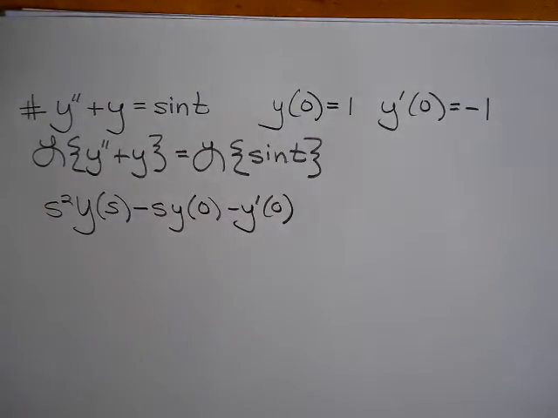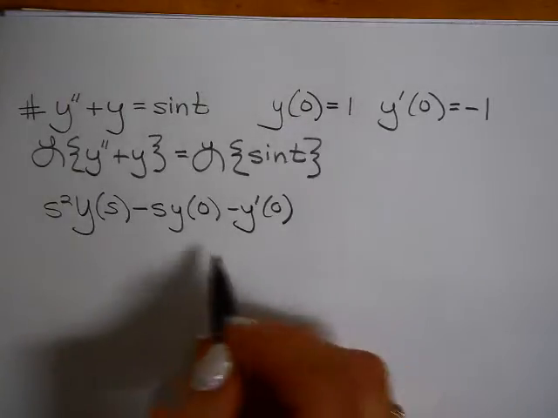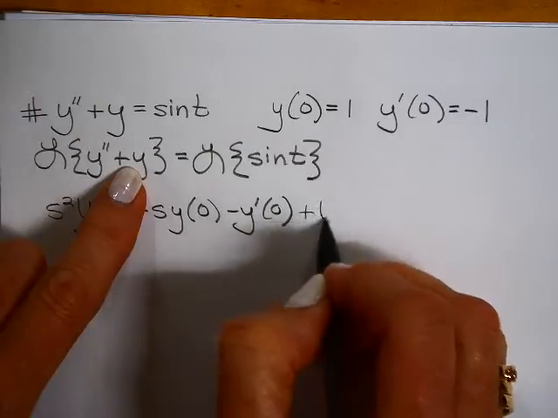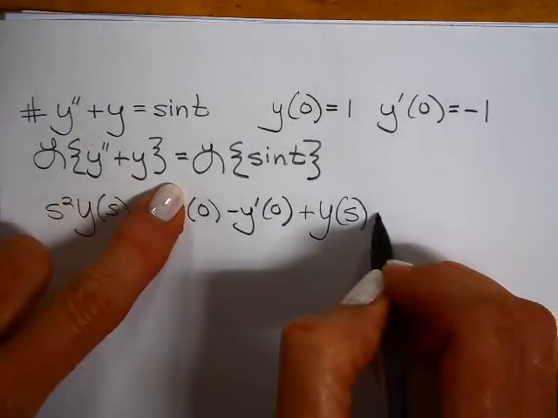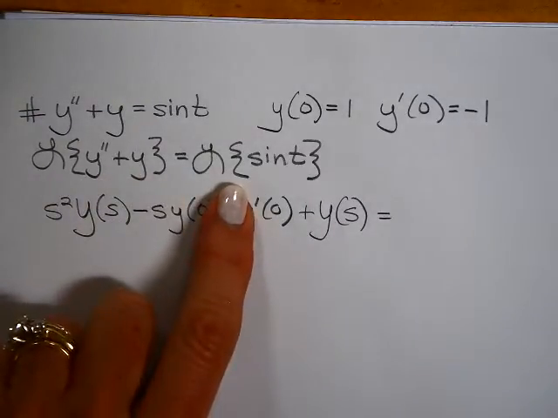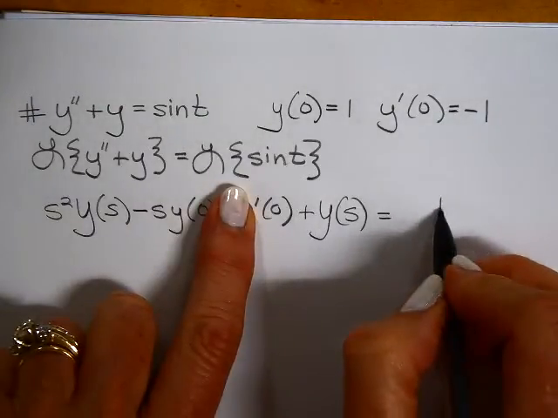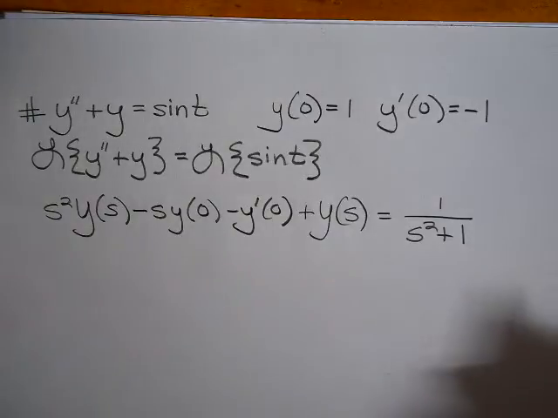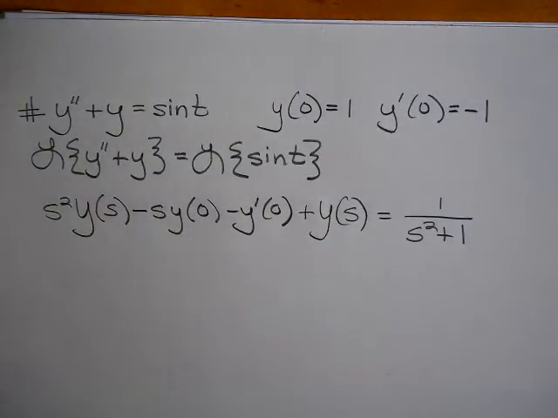I always get that confused when I do it in my head. Is that the right one? Plus Y of s equals the Laplace transform of the sine, which is, I think, 1 over s squared plus 1. Correct me if I'm wrong, because I'm not looking at my tables.